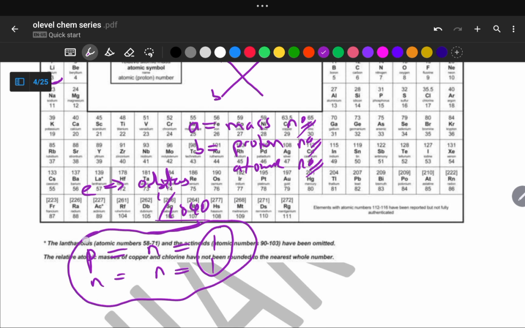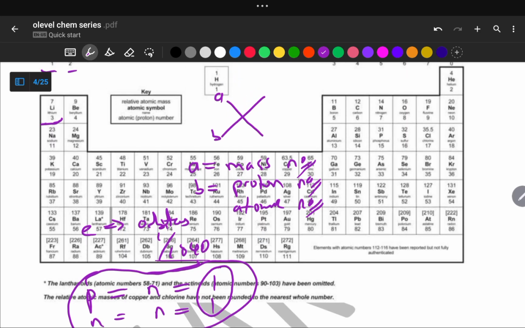So the nucleus is where we are going to find the mass of the atom, right? Together the protons and the neutrons make up what we call the nucleon number. So protons plus neutrons is equal to the nucleon number, which is also called the mass number, right? The nucleon number and the mass number are the same thing.